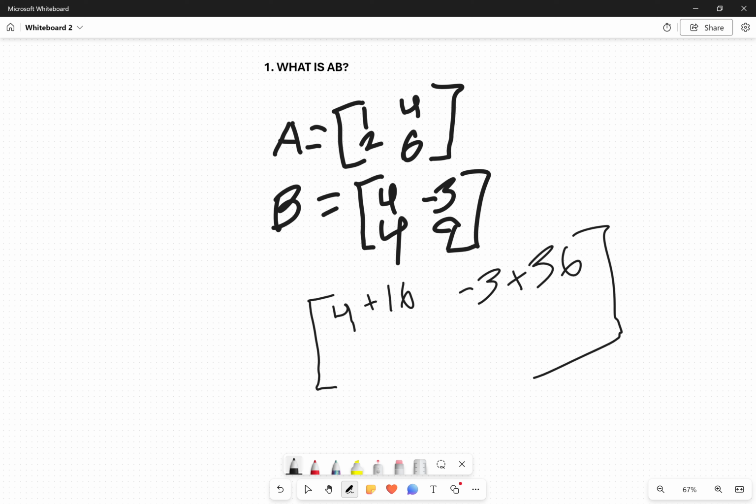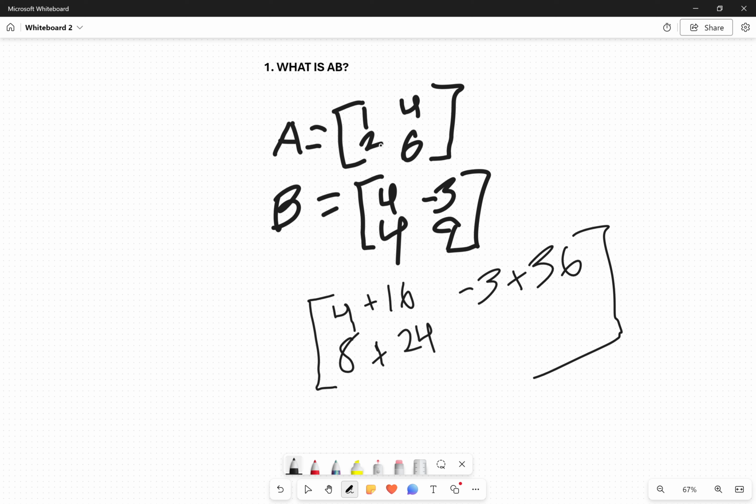Now we move on to the second row, and we go back to that first column because we've got to multiply all the numbers. So 2 times 4, because this 2 right here times this 4 right here, first number of the second row times the first number in our first column, gives us 8. And we have to add our 6, the second number in the row, and the second number in the column, our 4, we multiply and we get 6 times 4 is 24.